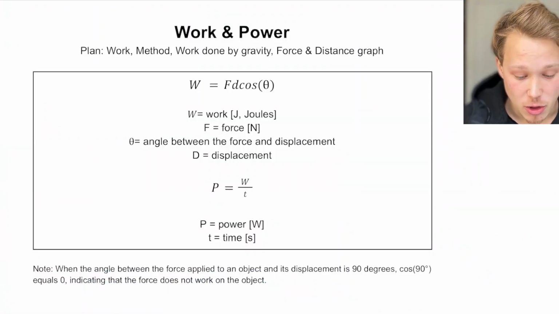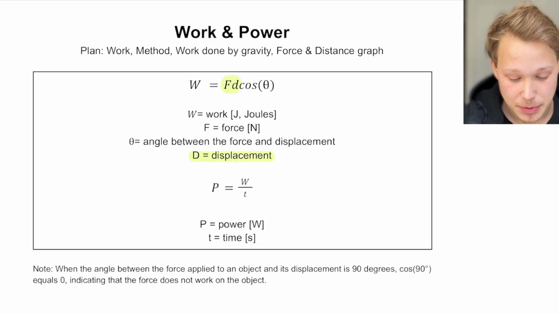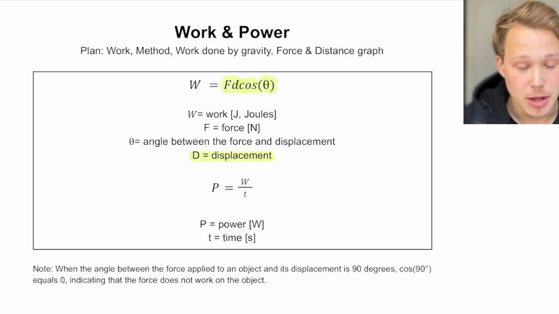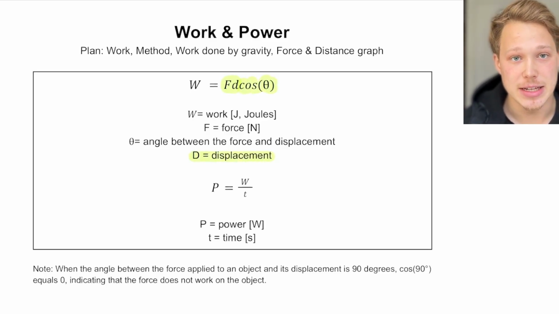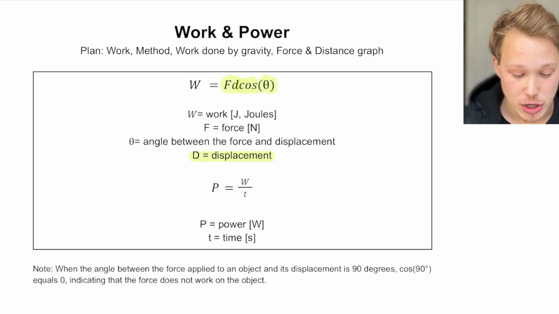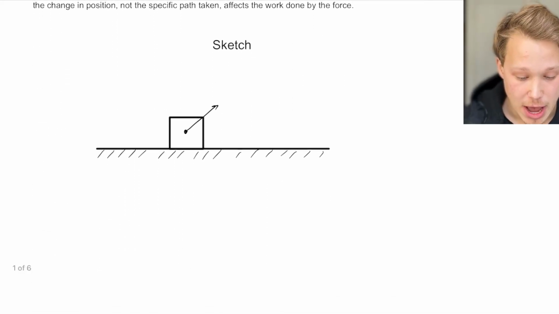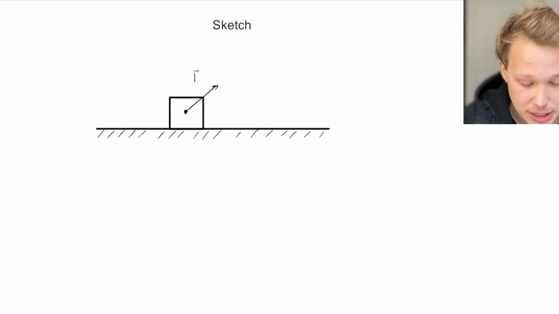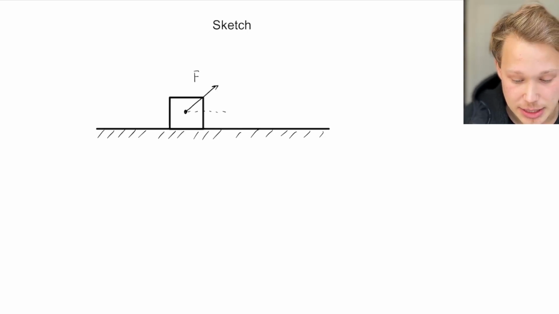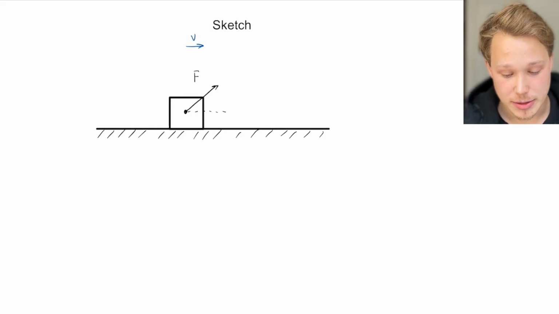Now, let's firstly start by examining these equations. The equation for work is the following. It's force times displacement d times cosine of the angle between the force and the displacement. So for example, if we have a force that is being applied here, and this object is moving to the right, the force makes it move to the right.